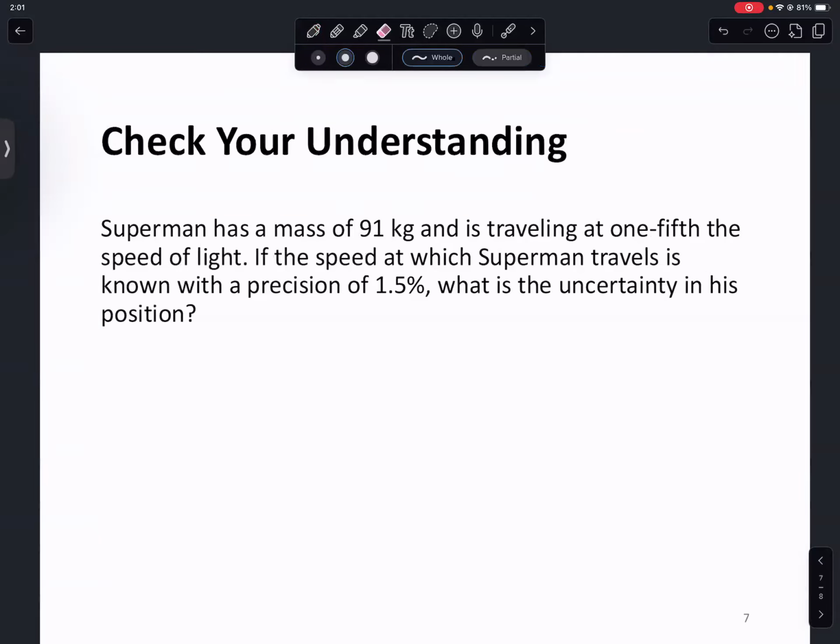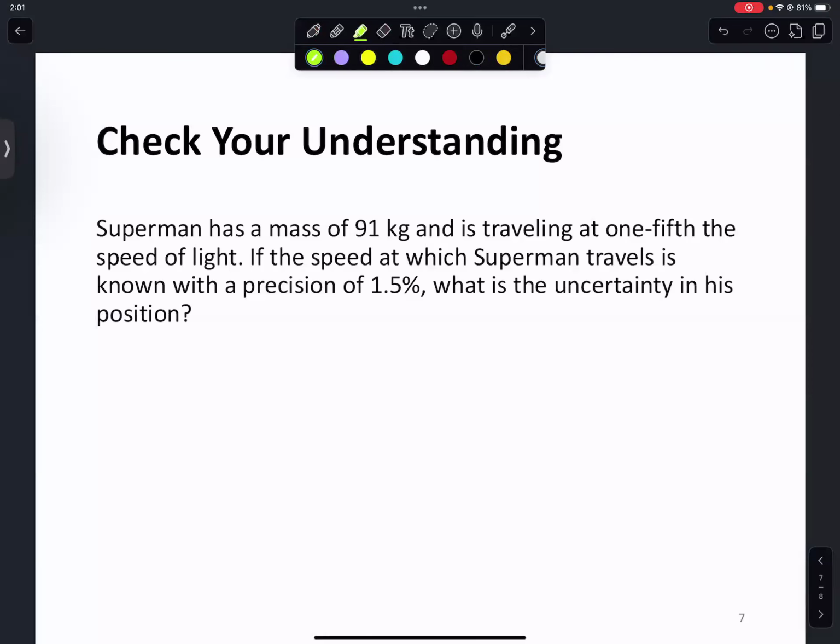So let's see. In here, Superman has a mass of 91 kilograms and is traveling at 1/5 of the speed of light. And if the speed that he travels with has a precision of 1.5%, what is the uncertainty in his position? Okay, so let's look at this.